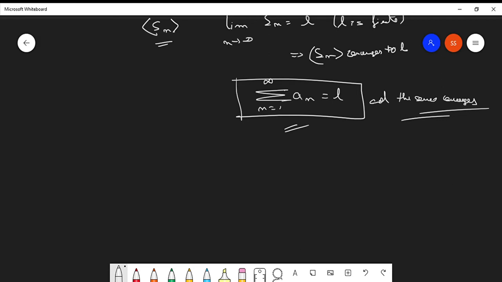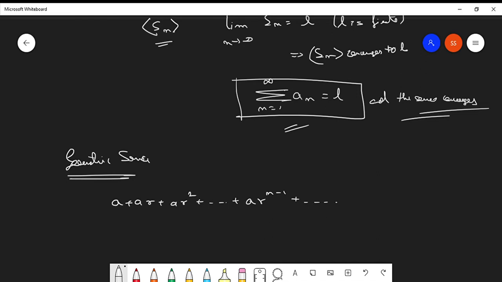So an example of this convergence and divergence of sequences or series is the geometric series. So what does the geometric series look like? It is a plus ar plus ar square and so on. The nth term is given as ar to the power n minus 1, and it continues to infinity.